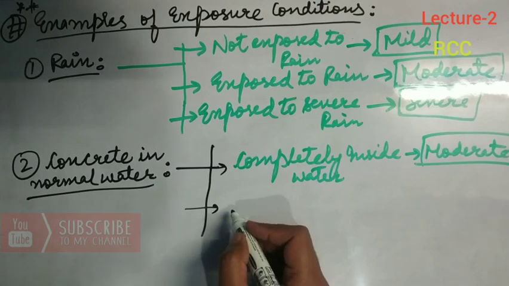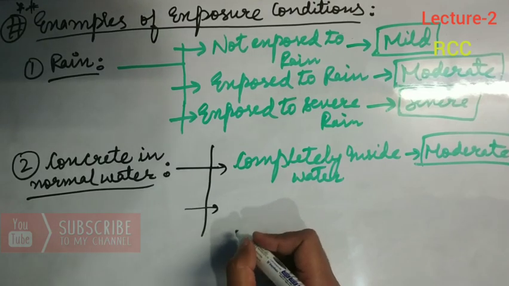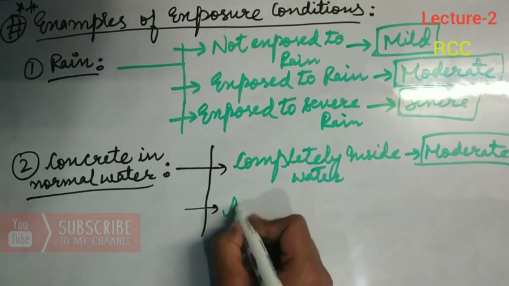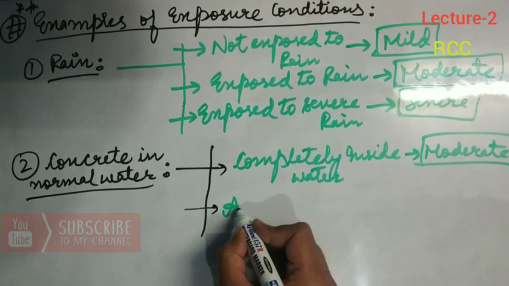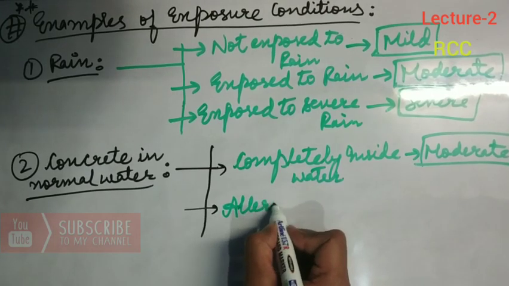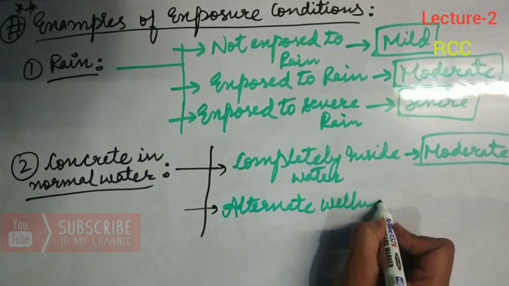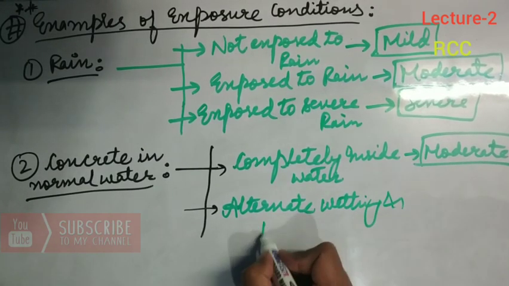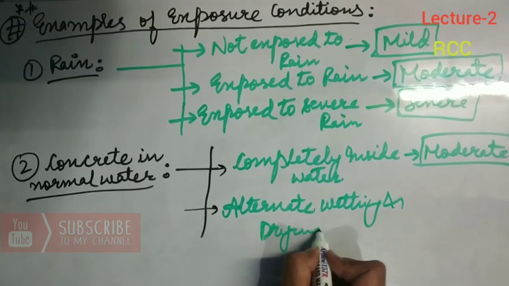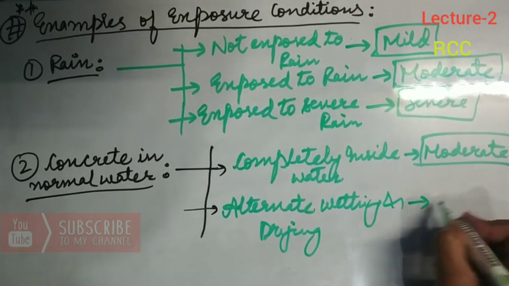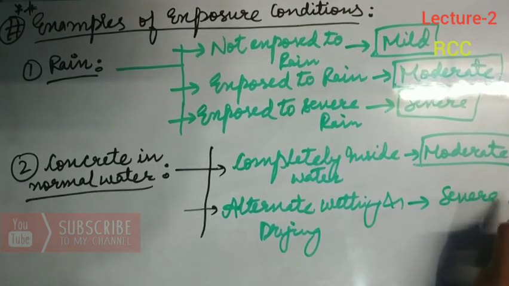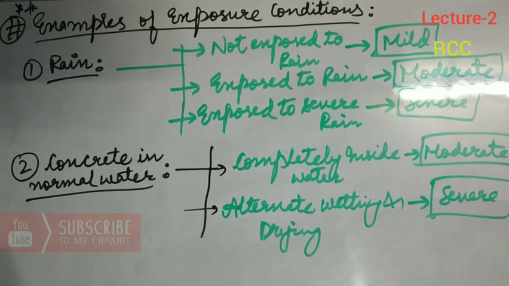Under this, the second subcategory is alternate wetting and drying. So if a structure is exposed to alternate wetting and drying, then the exposure condition will be severe. So this was in case of concrete in normal water.